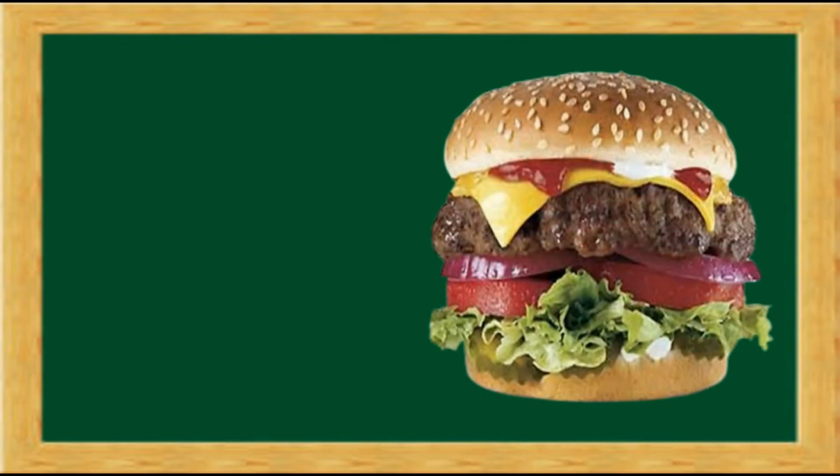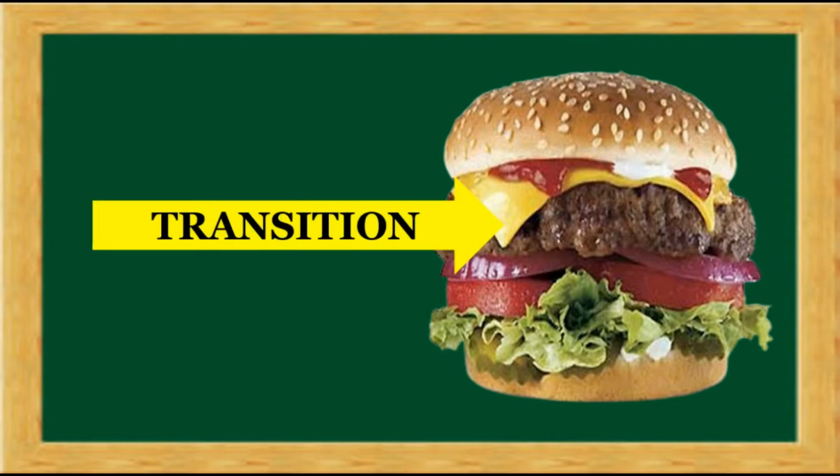To begin, think back of our juicy cheeseburger. Connected to the topic sentence is the transition. Often, the transition is combined with the topic sentence, just as the ketchup, mustard, mayo, barbecue sauce, and other delectable condiments are spread on the bun.